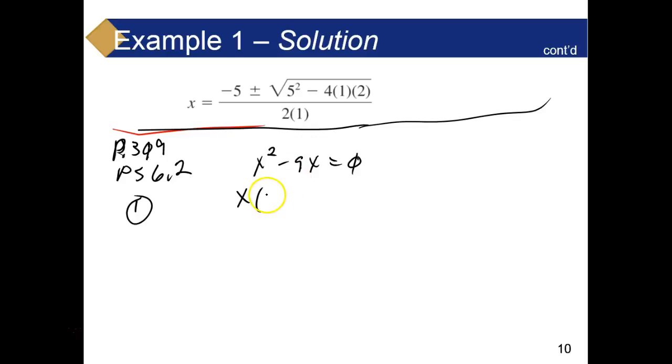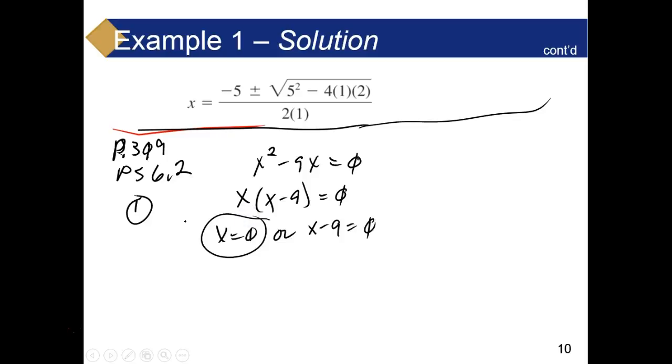What's left? x minus 9. And that product is equal to 0. What does that tell you? Either x equals 0 or x minus 9 is equal to 0. There's a solution right there. What's the second one?